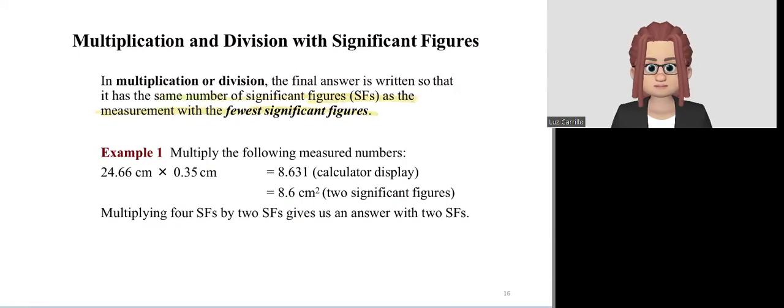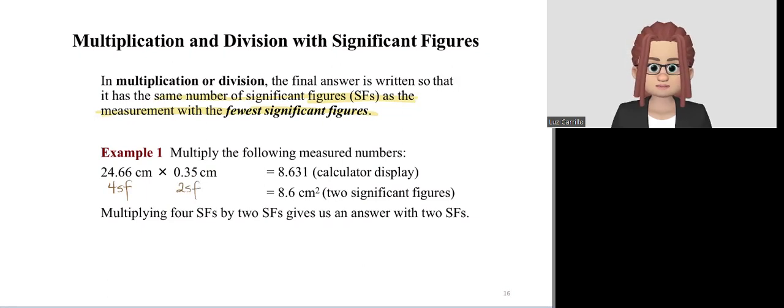Let's see an example. Here we're multiplying 2 measured numbers. We have 24.66 centimeters being multiplied by 0.35 centimeters. The first set of digits has 4 significant figures. The second set of digits has 2 significant figures.